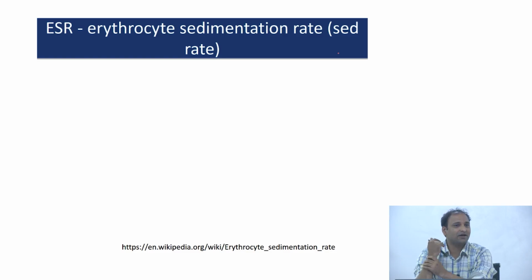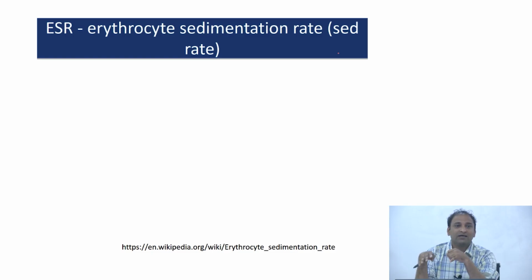It's a test that is done when somebody goes for a diagnosis. What they do is they take a small amount of blood sample, and one of the tests that they do is this sedimentation measurement. The experiment basically involves taking blood in a small capillary. You just let it sediment, and looking at the sedimentation rate, you can actually tell something about whether the blood belongs to a male or a female, somebody who's young or old.